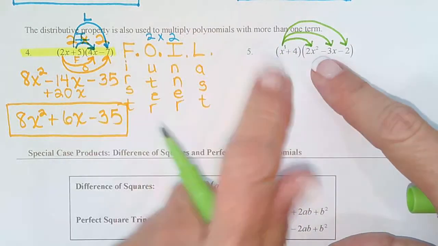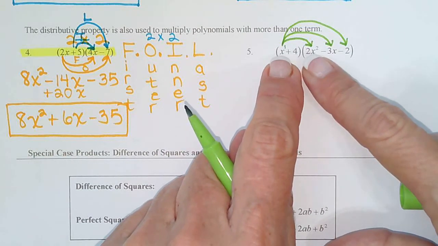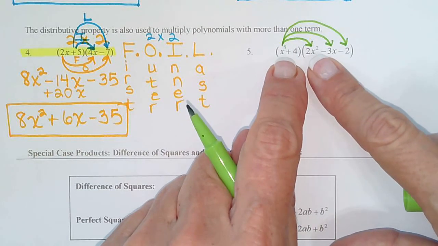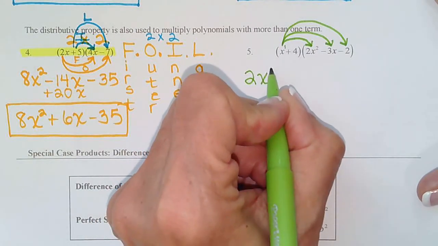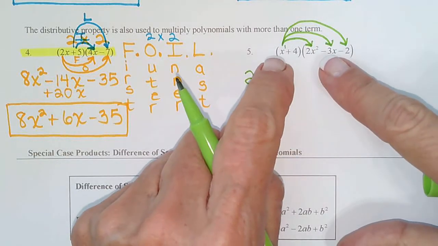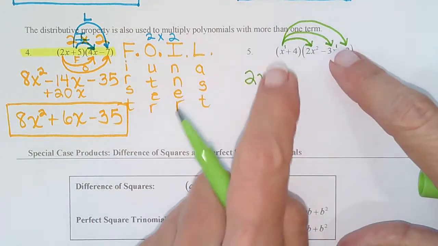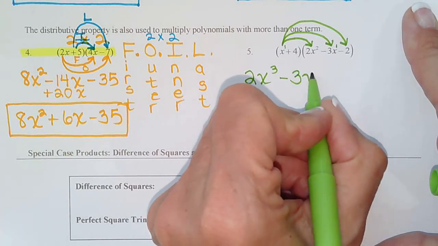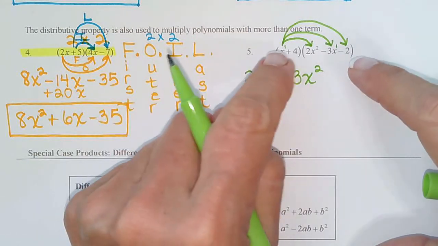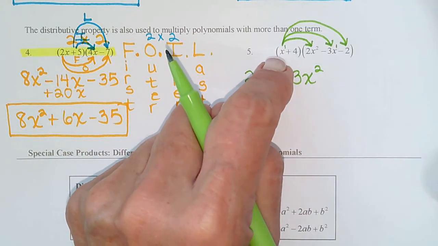So remember this is a 1. So this is going to be 2x to the third because we add exponents in multiplication, minus 3x squared because 1 plus 1 is 2, and minus 2x.